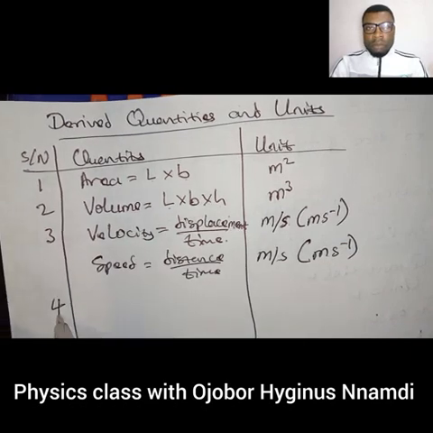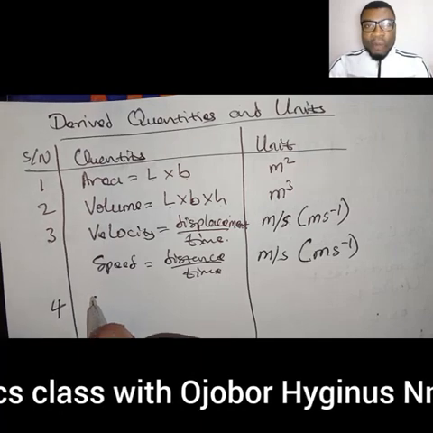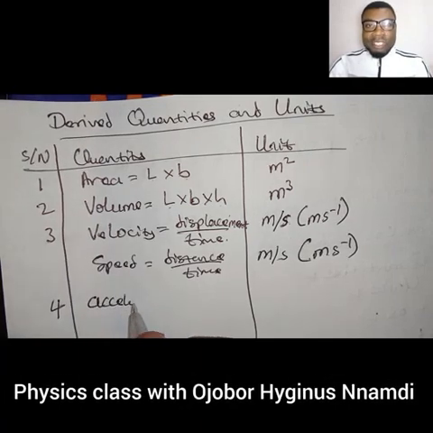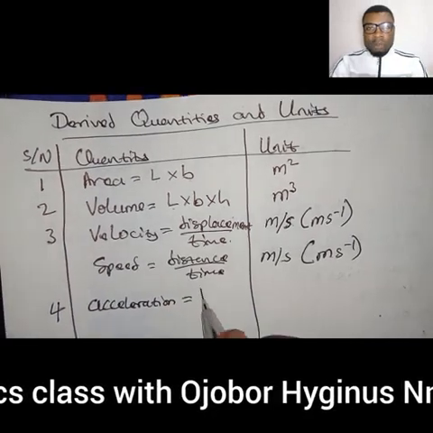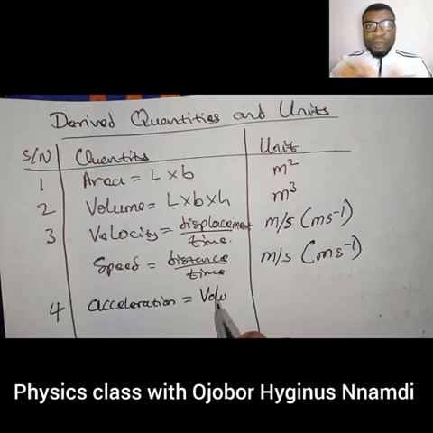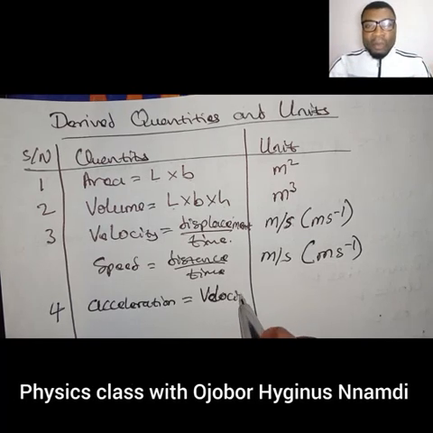So let's go further and look at a few more. Acceleration is a derived quantity which is defined by velocity all over time. It is the change in velocity per unit time.